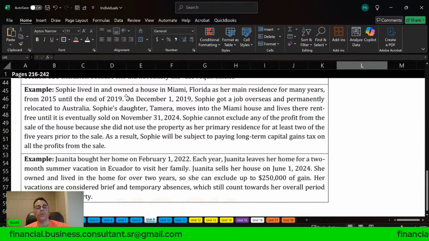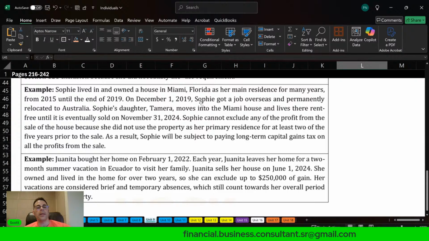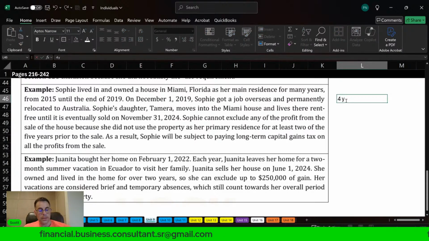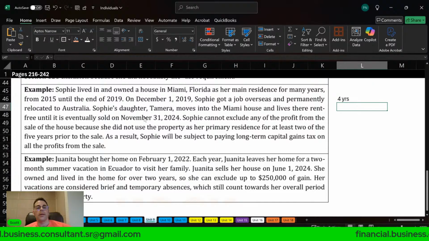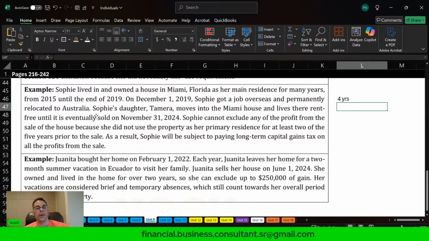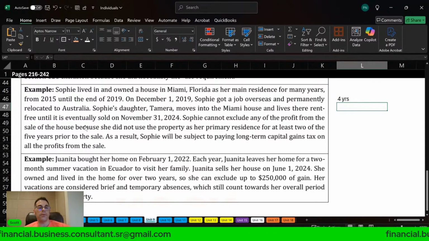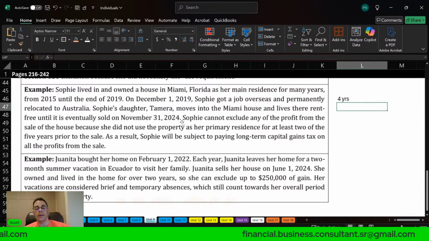Sophie lived and owned a house in Miami for many years, from 2015 to 2019. So for 4 years. She got a job overseas and relocated to Australia. Her daughter moves into her house and lives there rent free until it's sold in November 2024.